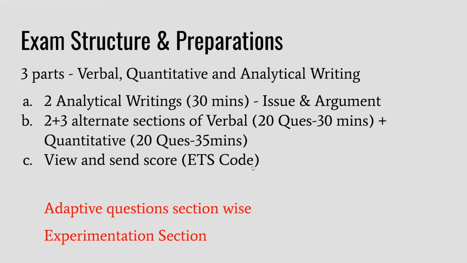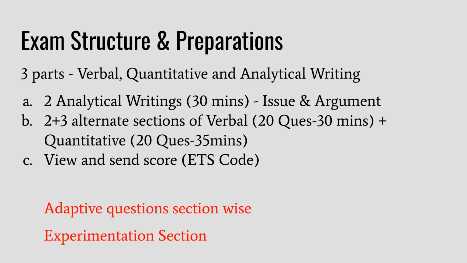Obviously you have an option to search there, but it will be too confusing, because if I search for Texas A&M University, there will be at least 3 or 4 options: Texas A&M University, Texas A&M College Station, Texas A&M graduate school, Texas A&M professional school. So you will be confused. My strong advice is to remember the ETS code for where you need to send your score.